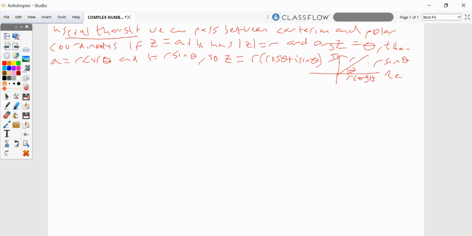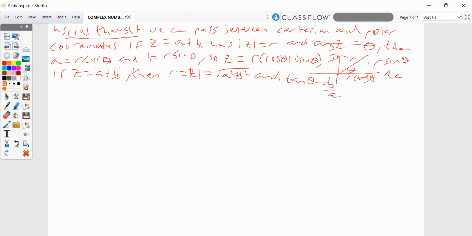We also know if z is a plus bi, then we know that r is the modulus of z, which by definition is just the square root of a squared plus b squared, and tan theta, using a little bit of trigonometry, will be just b divided by a.